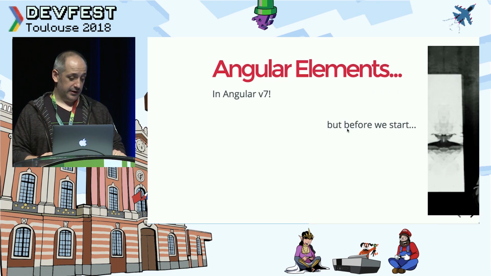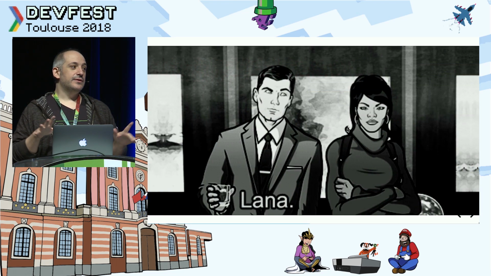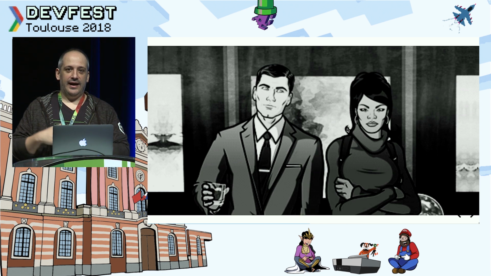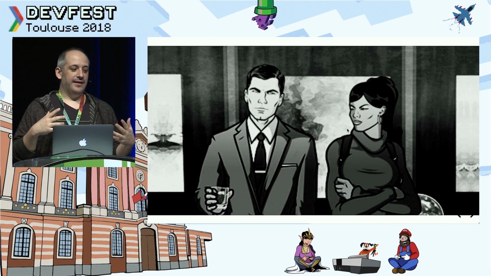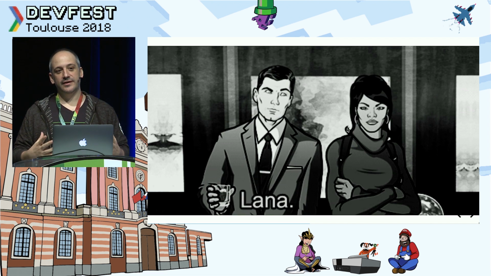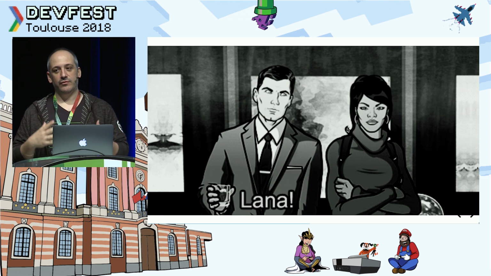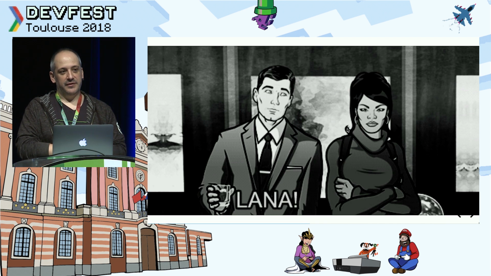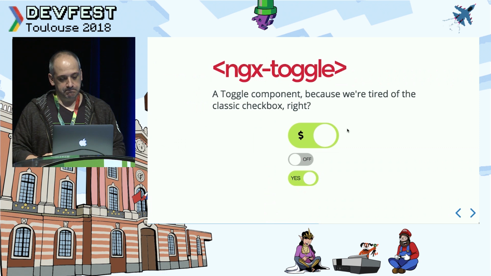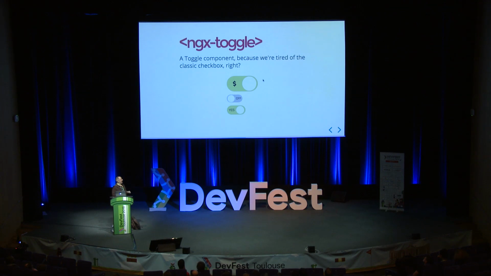But before we start, danger zone. I want to insist it's working. Angular elements is working, but depending on what you want to do, it might not fit for what you are doing.